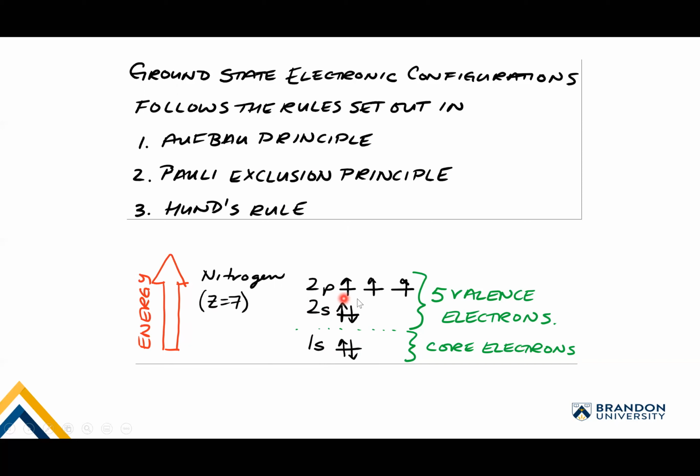And then we've got the 2p orbitals, and they all have got the same energy. Hund's rule says that you place these electrons with the same spin, and you fill up the different orbitals first. So if this is a spin up electron, then you'd put the next one in this orbital, and then the next one in this orbital, and they'd all be spin up.